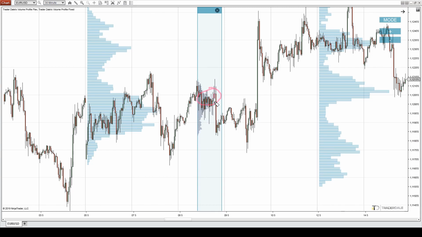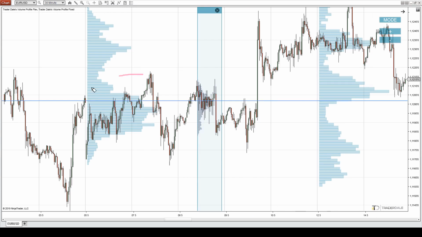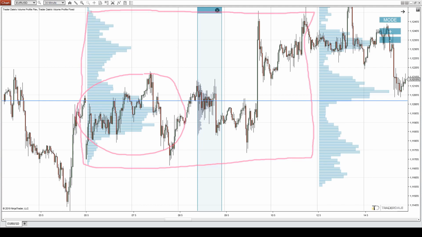Rotation followed by strong selling activity. The heaviest volumes in this rotation were in here, and actually this doesn't really correspond with the weekly profile, but this profile is printed for the whole week, for this whole area.